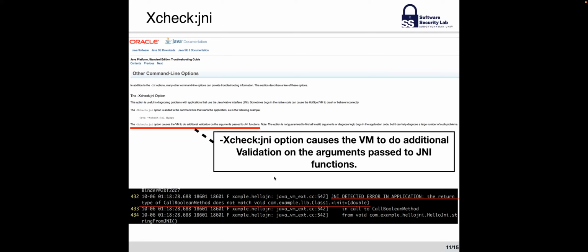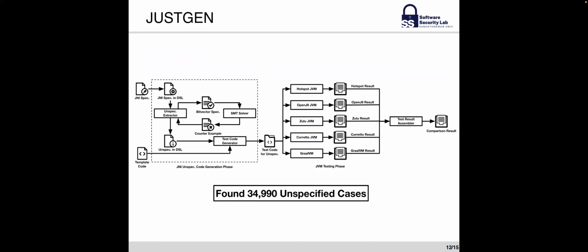So in this work, we evaluate this -Xcheck:jni debug capability in 5 mainstream JVMs using unspecified cases. We check whether the debug capability validates unspecified cases properly in this research. For that, we developed JustGen.